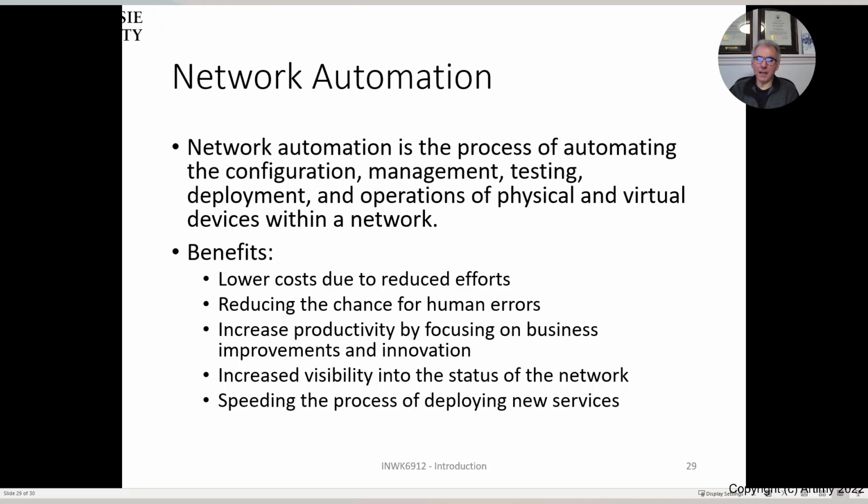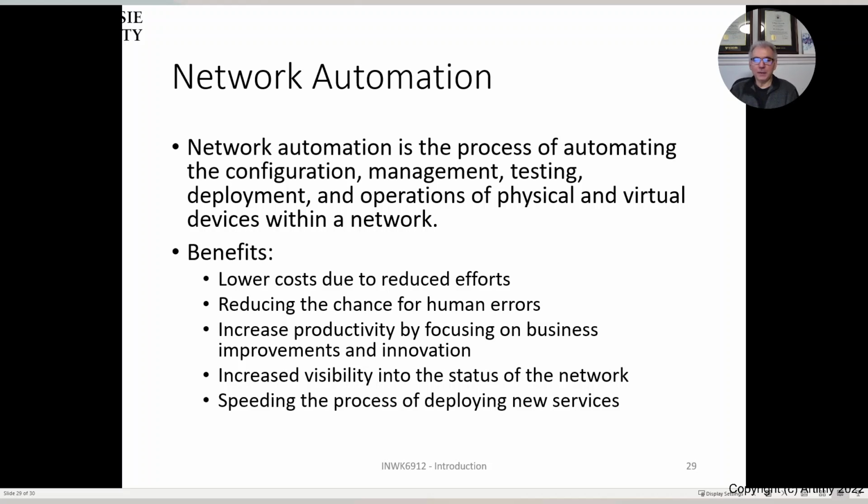With automation, you still have a human who does the programming, and if you're doing bad programming, you're just making problems at a much larger scale. But if you write the automation scripts or applications and test them well, and you know they were working well, then they will do a good job and reduce human errors overall.